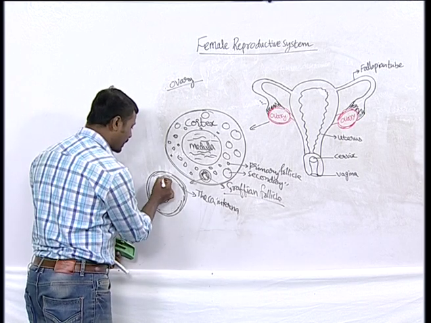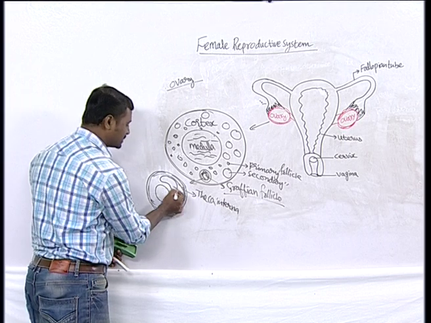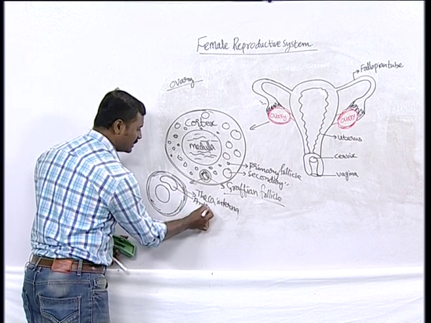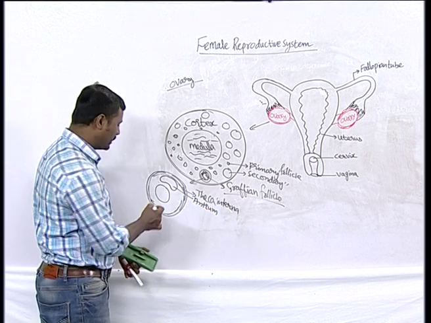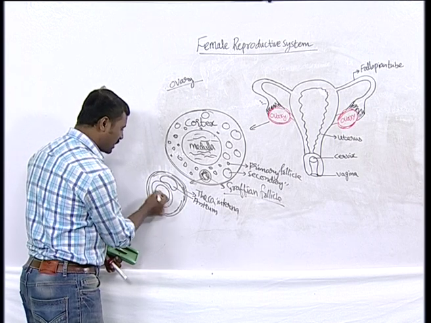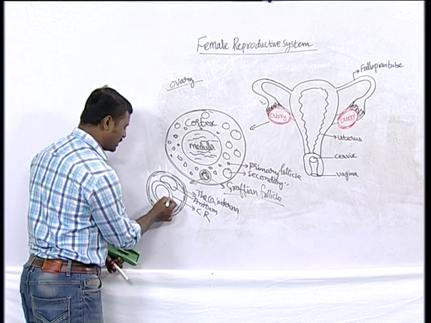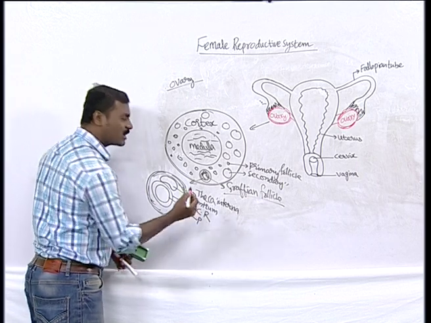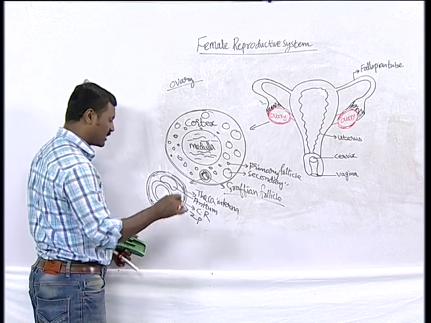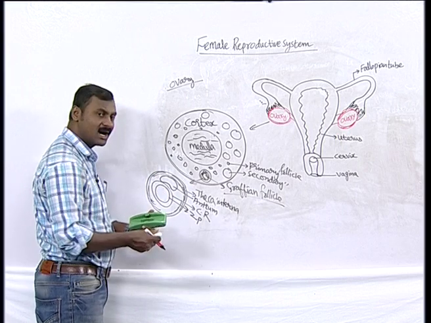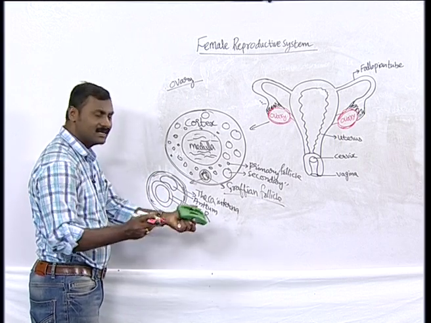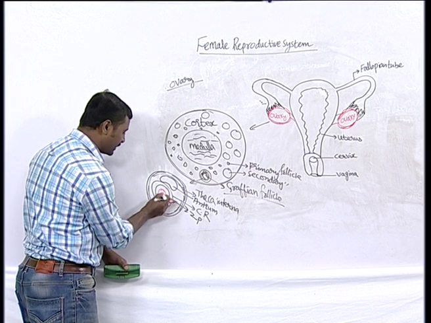And not only that, there is a space called antrum. And corona radiata, zona pellucida, CR means corona radiata, ZP means zona pellucida, and inside you can see the secondary oocyte.